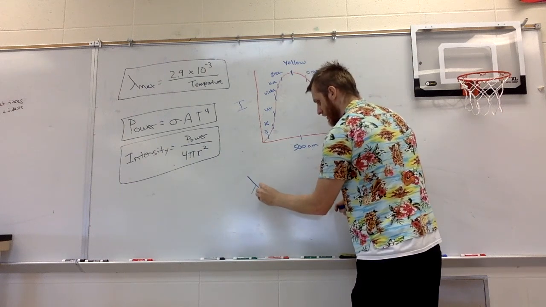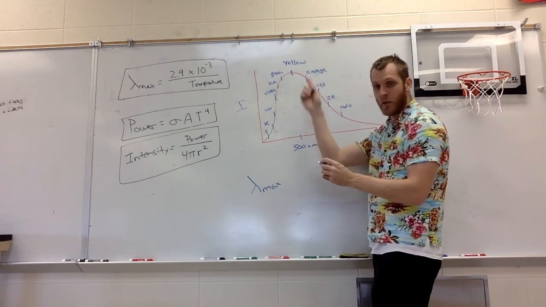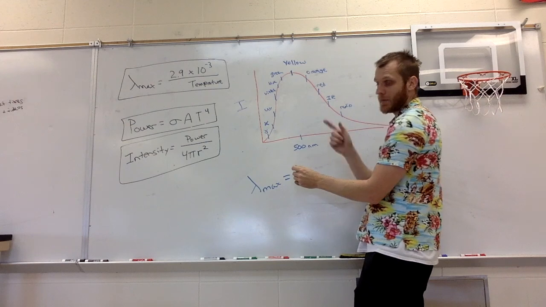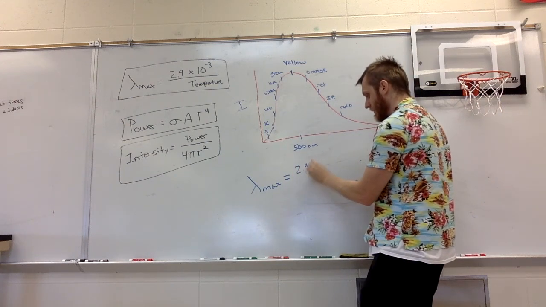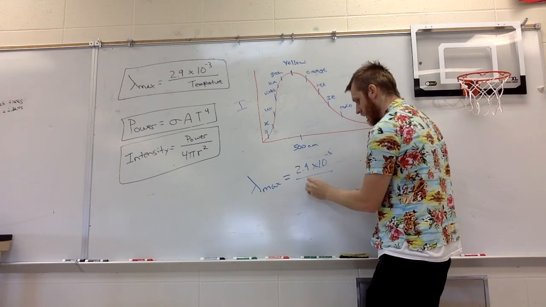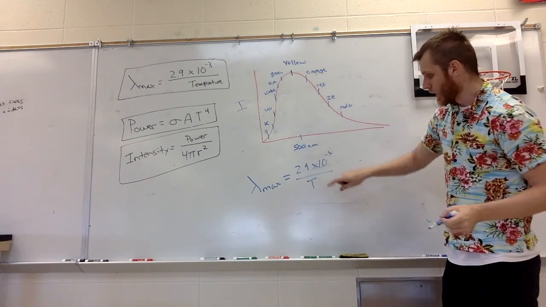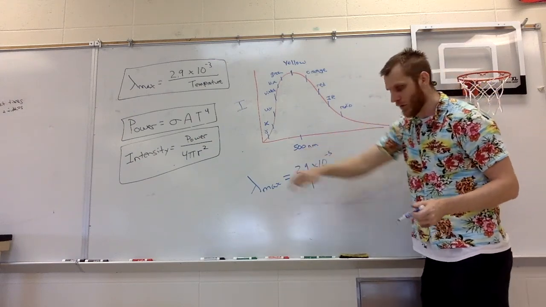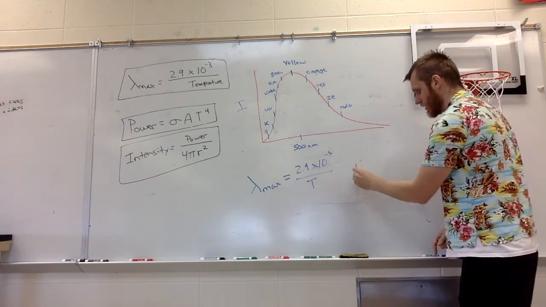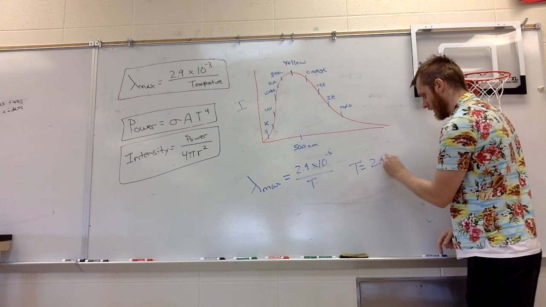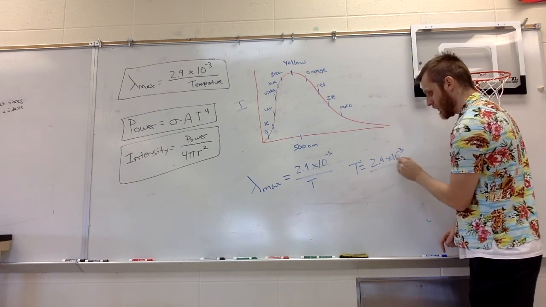So we're going to use the equation lambda max, which is the peak wavelength, equals 2.9 times 10 to the minus 3 over temperature. We're going to rearrange this for temperature, so temperature equals 2.9 times 10 to the minus 3 over the peak wavelength.